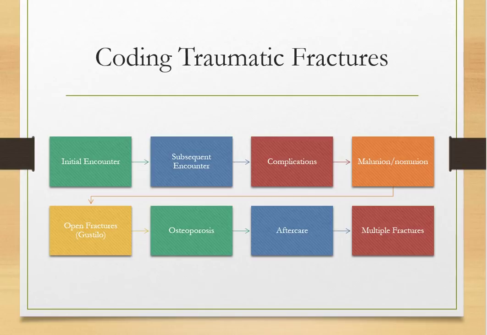Fractures of specified sites are coded individually by site in accordance with both the provisions within a particular category and the level of detail or specificity that is available in the medical record. Also, a fracture that's not indicated as open or closed should be coded as closed.